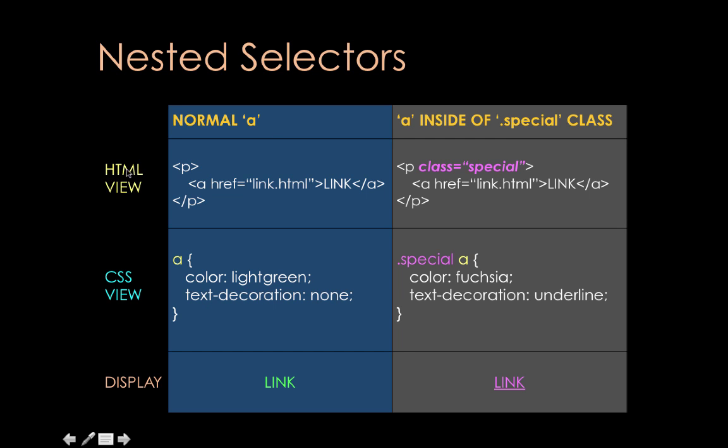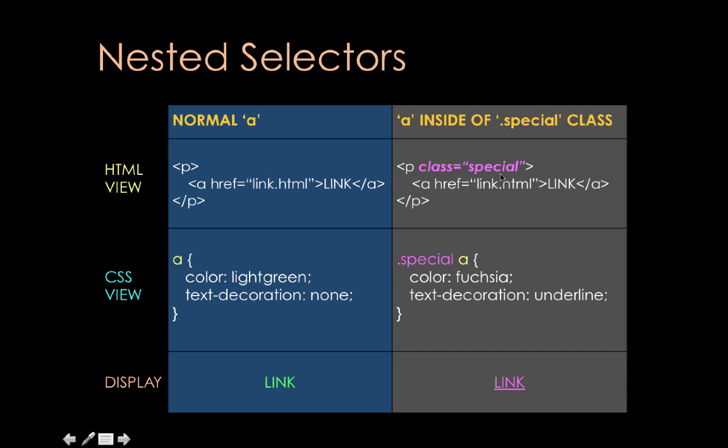So let's look at how we've got this. On the left, we can look at the way that the HTML view for each of those would be set up. So under the normal A, we would have something, let's say an anchor link inside of a paragraph tag, for instance, and it would just be href equals link.html, and then the actual clickable text here is, in all caps, the word LINK.